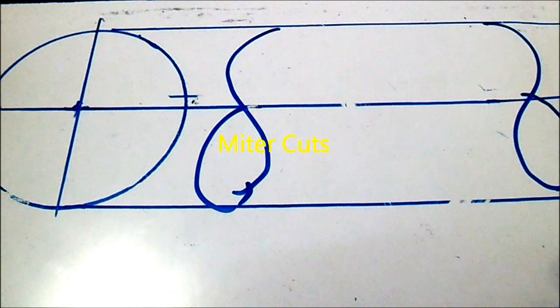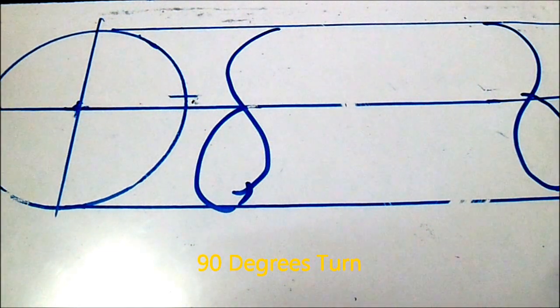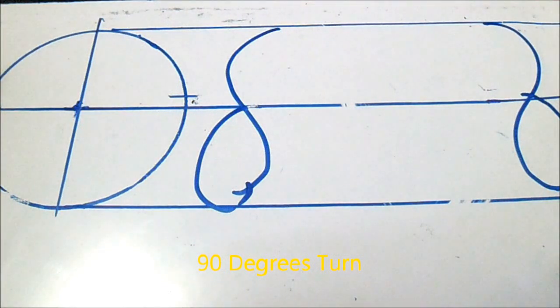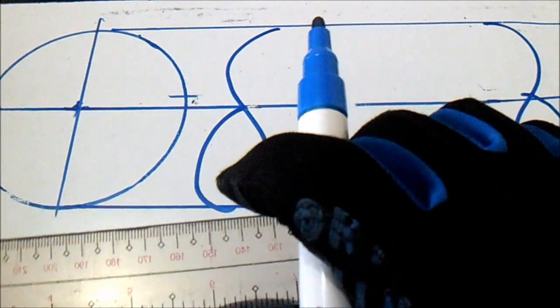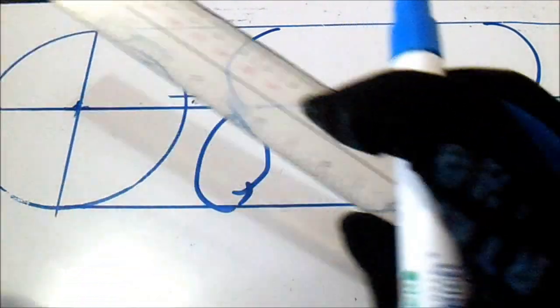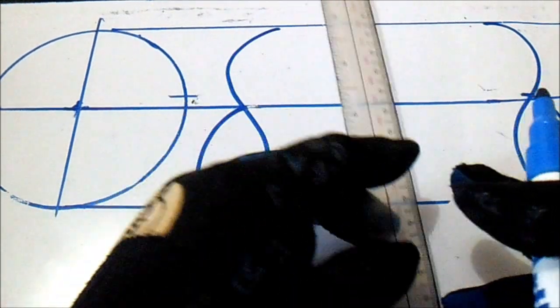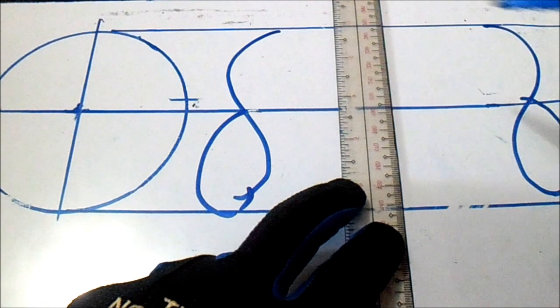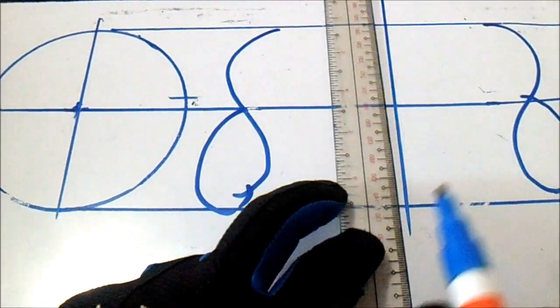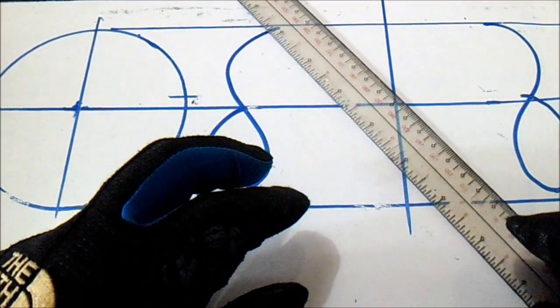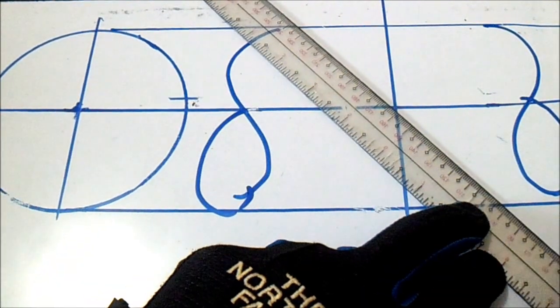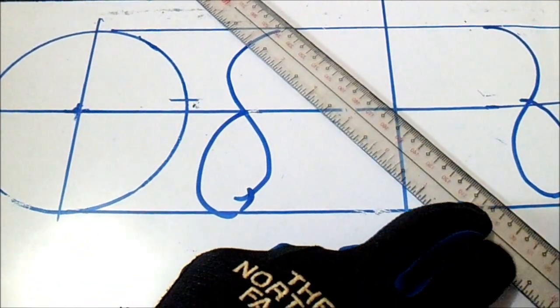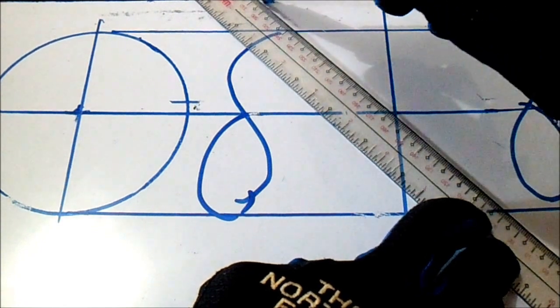With a 90 degrees turn, the degrees of cut are equal to 1/2 the degrees of turn on this side of the miter line. We will make this our baseline, and this is our miter cut line.